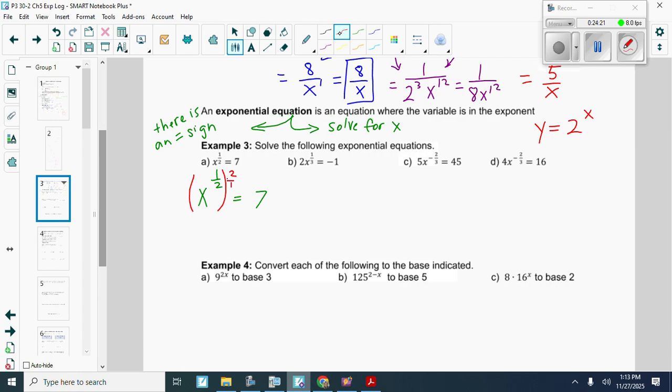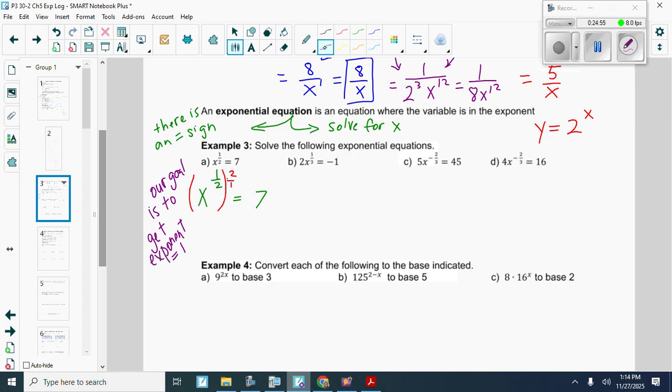The goal is to get this equal to 1. If we multiply whatever the exponent is by its reciprocal, that gets us to an exponent equal to 1. Because if it's equal to 1, then we have x all by itself.